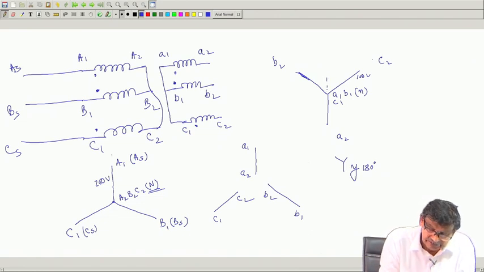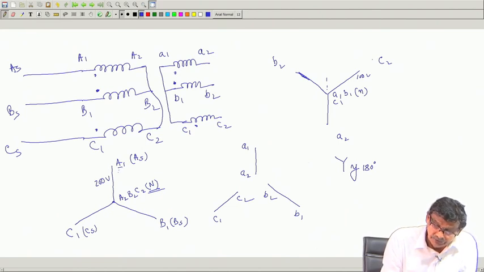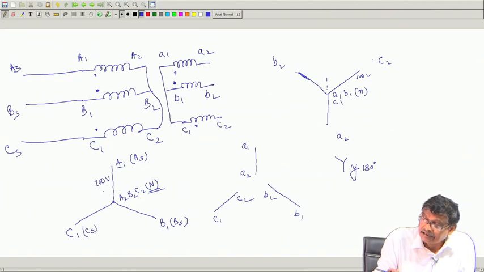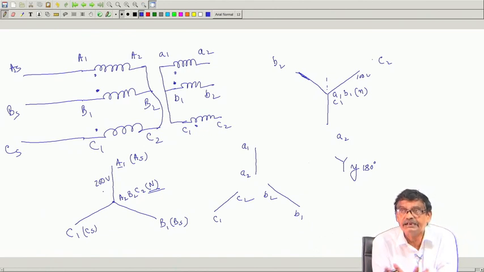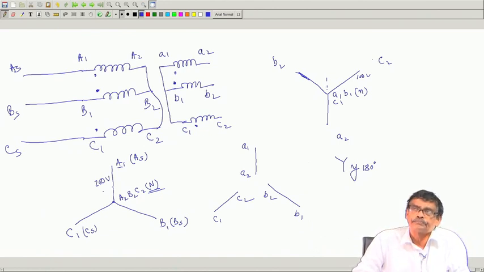These are parallel. So, the phase voltage A1 with respect to the primary neutral and the phase voltage of the secondary with respect to neutral of the secondary side are 180 degrees apart. That is why it is called Y by 180 degree.